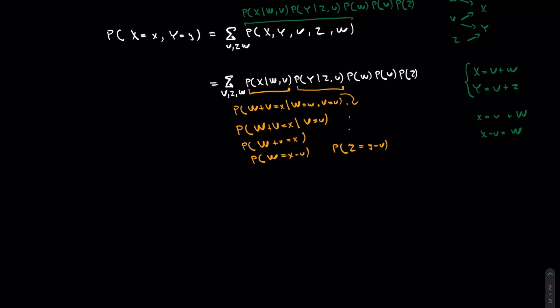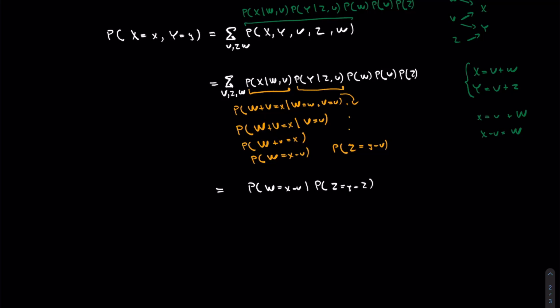Now we have a sum. The sum is over V, X, and W, and I'm going to write this like the following: W equals X minus V, and Z equals Y minus V. Now it's quite similar to what we had before.